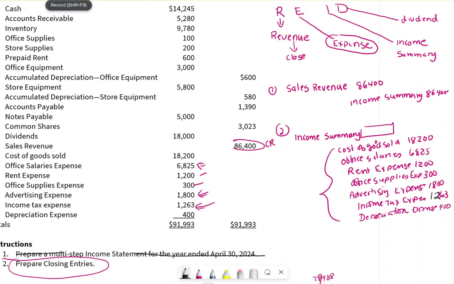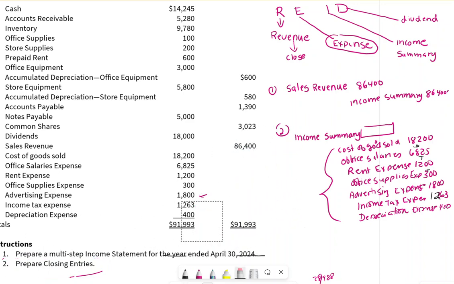So I total all of them. The total of all your expenses is 29,980. Again, you add all your expenses. The value of your expenses is 29,988. So do that, and then the balance is 29,988. And my third entry is to close the income summary account.